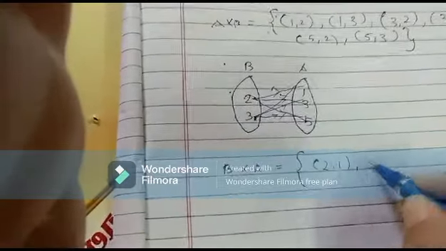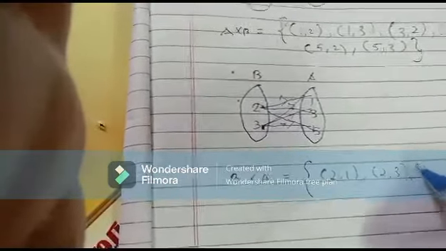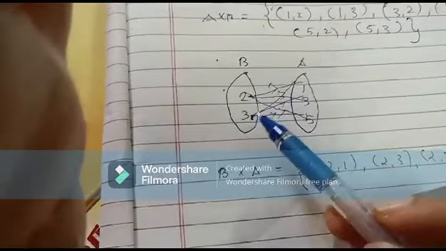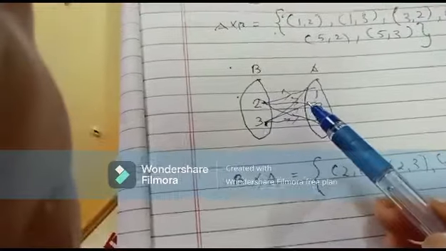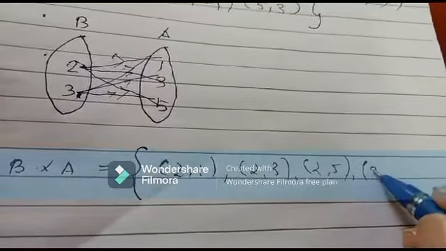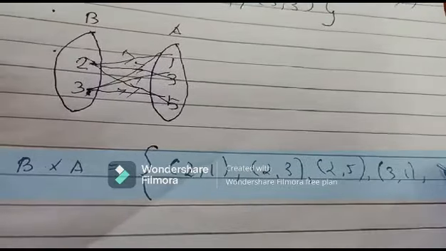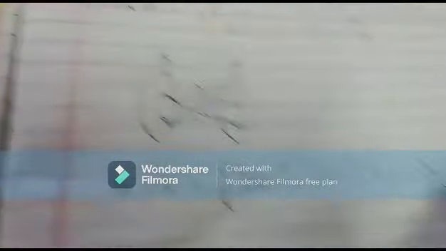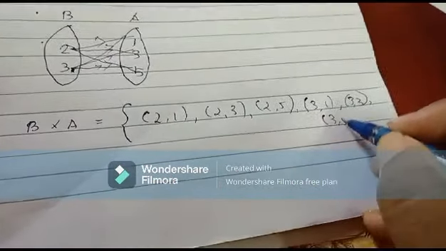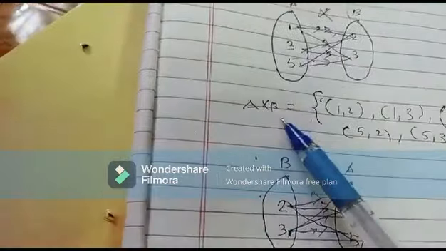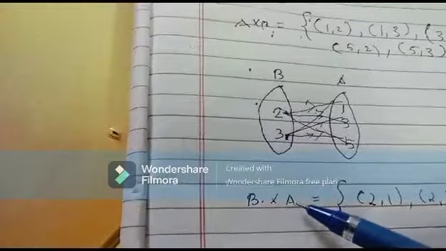Okay, then next is 3 comma 1, 3 comma 3 and then the last one is 3 comma 5. Okay, so now we found out A cross B and we found out B cross A as well.